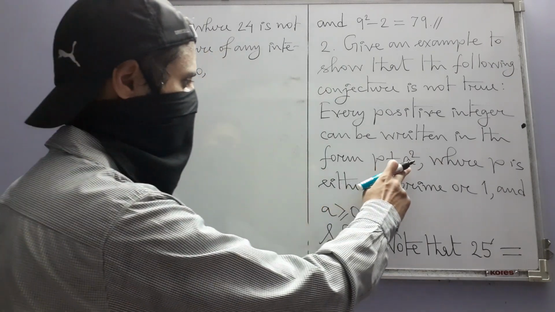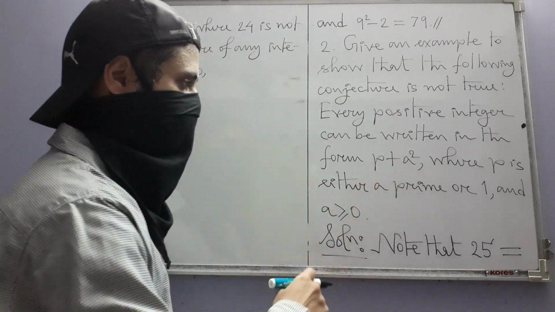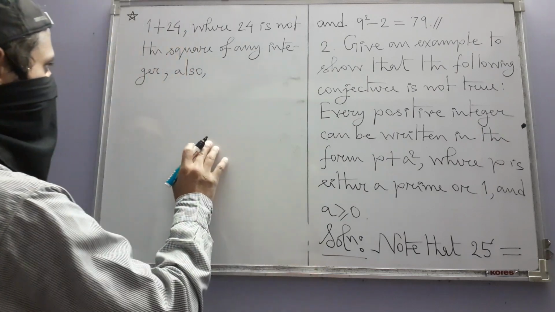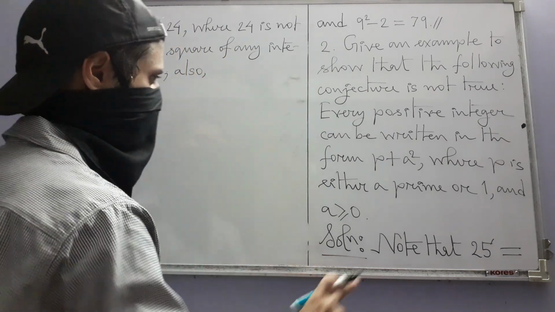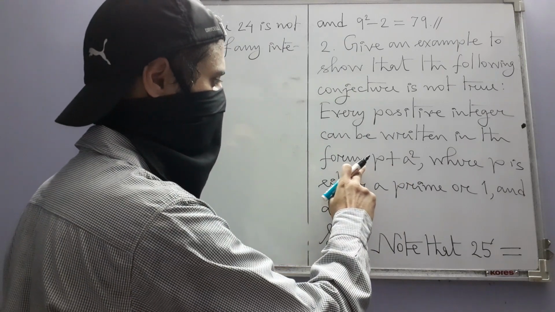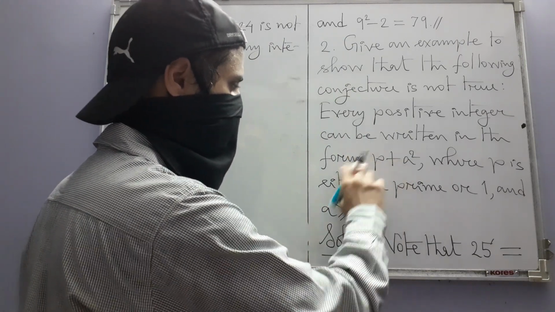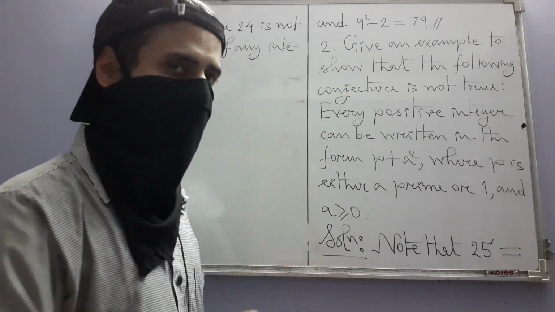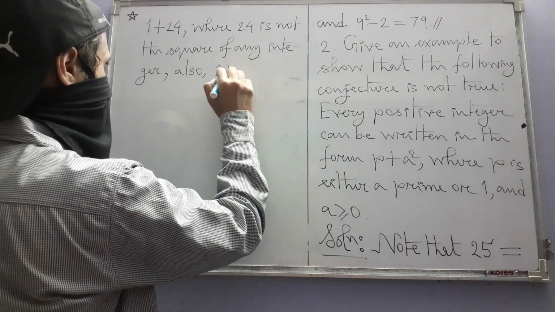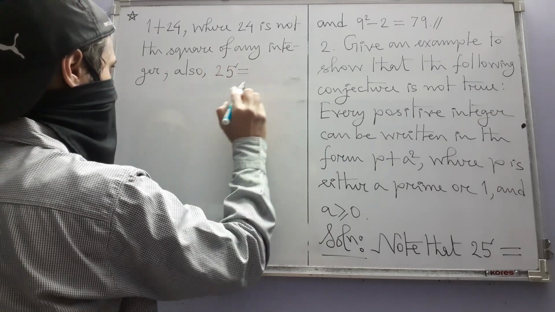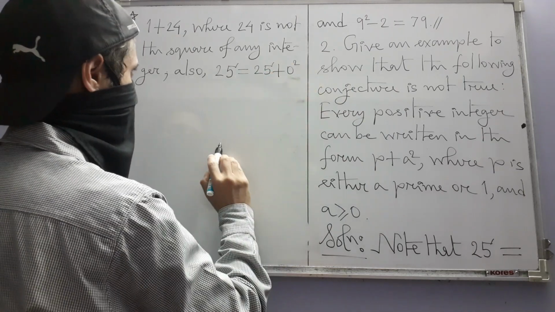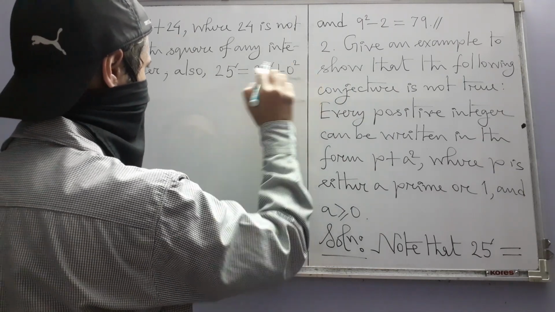Maybe if we start considering squares, maybe we will get a prime. Let's try to write 25 as 0 square plus 25, then 1 square plus something like that. Obviously, if our square is 0 square, then the other thing is 25.